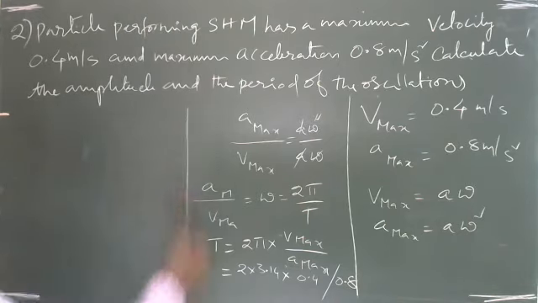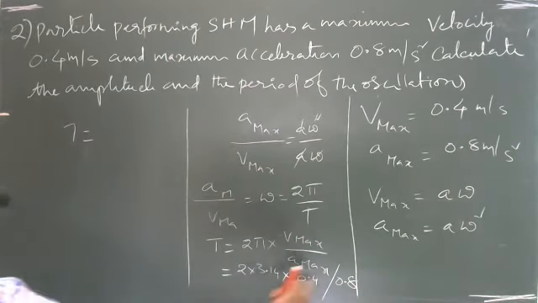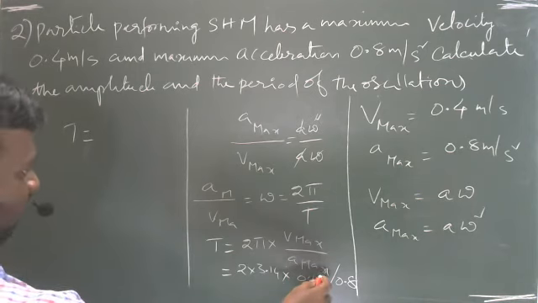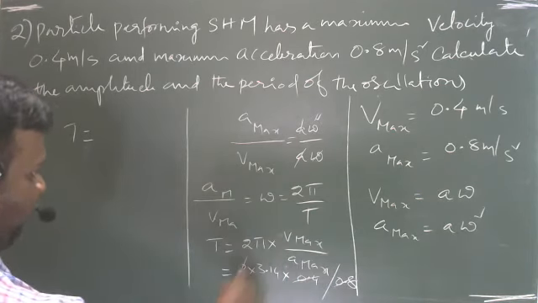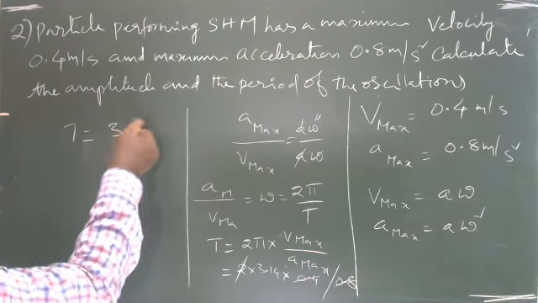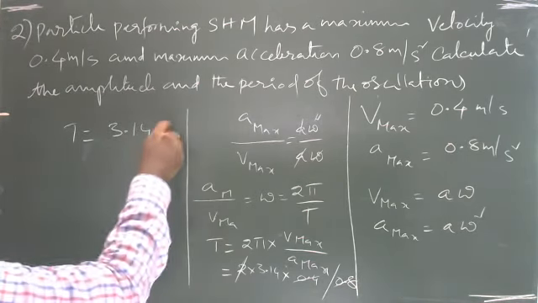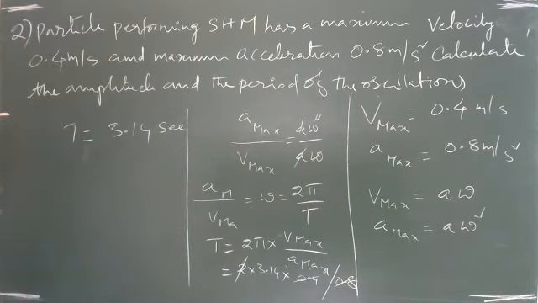Using the final equation, the 2s get cancelled, both get cancelled. That means the time period is equal to 3.14, that is in terms of pi only you will get. Okay, now you have to find the value of omega.